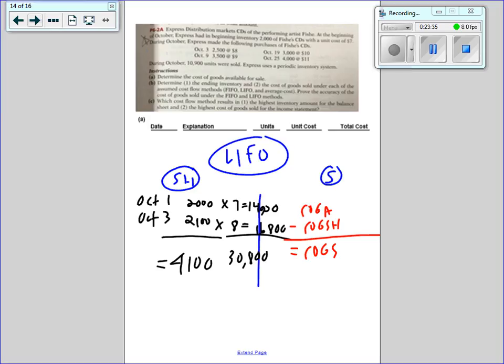Two of the numbers are very obvious for us. That 139,500 was the cost we had to deal with overall, minus what we just figured out, 30,800, to have a much higher cost of goods sold, 108,700.